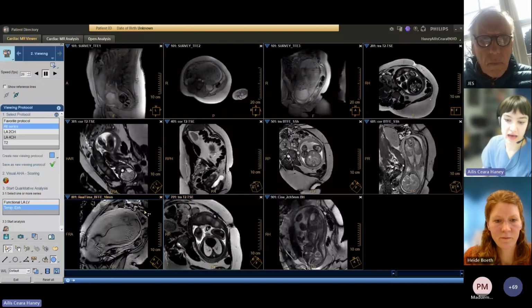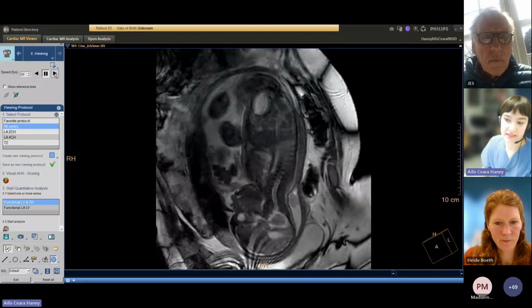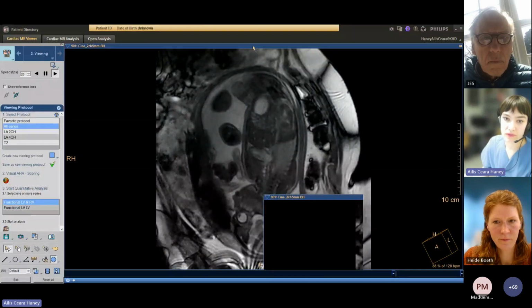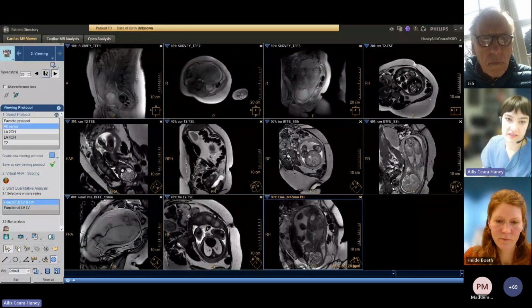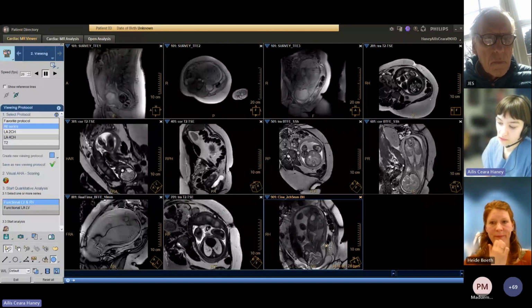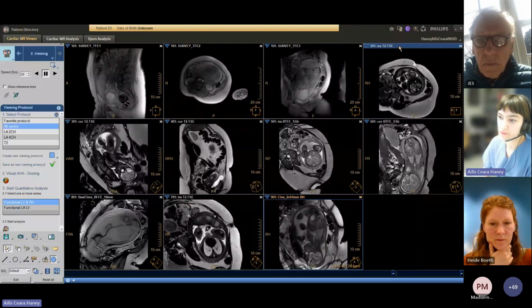And then after repeating the TSE imaging, we performed real-time imaging and then a cine image in 2-chamber view. We would have continued with some more cine imaging had the patient not wished to discontinue the exam. She was feeling quite uncomfortable, which is understandable also after 50 minutes in the scanner.